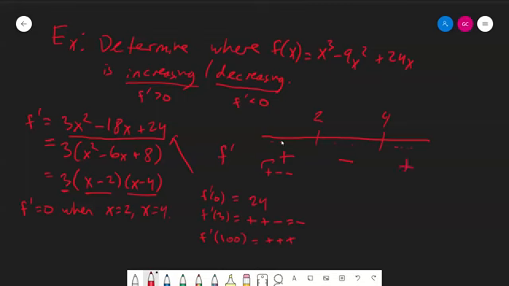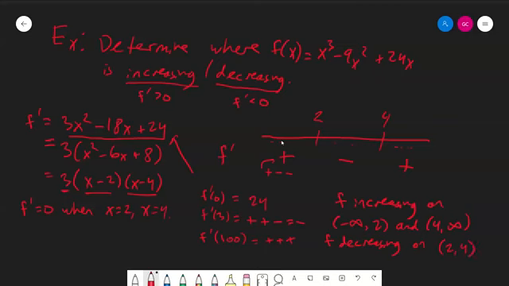So the conclusion then is this: f is increasing from negative infinity up to 2, and from 4 all the way to infinity. And f is decreasing on the interval from 2 to 4.